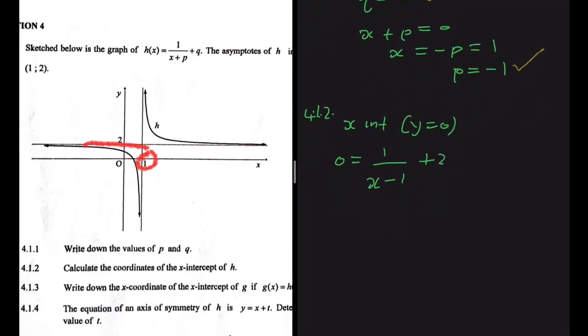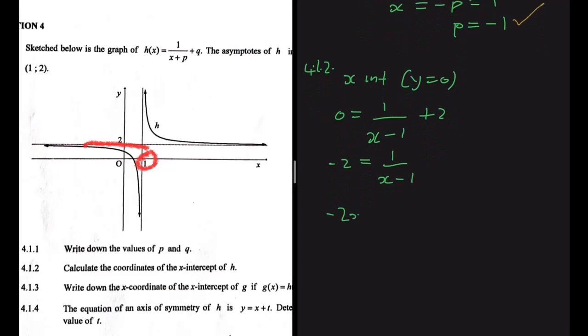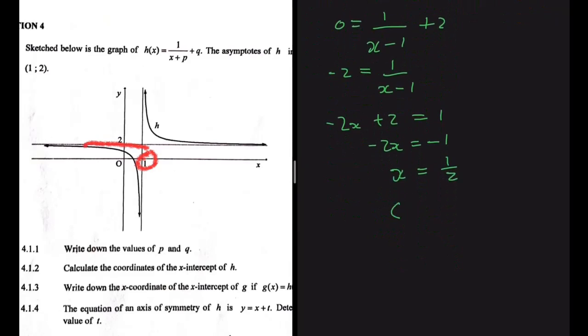Taking 2 to the other side, we get minus 2 equals 1 divided by x minus 1. So minus 2x plus 2 equals 1, so minus 2x equals 1 minus 2, which is minus 1. So x is equal to 1 divided by 2, and our coordinate is (1/2, 0).